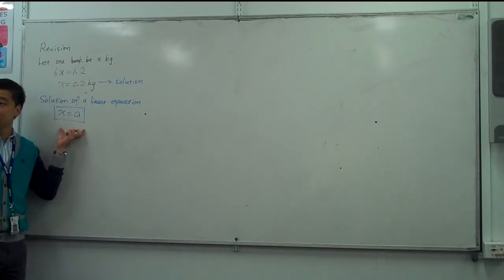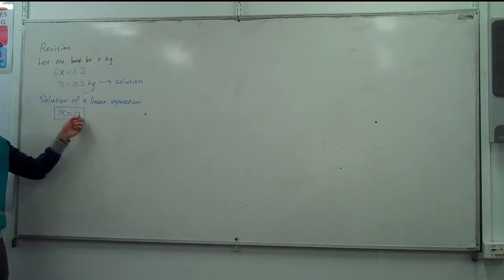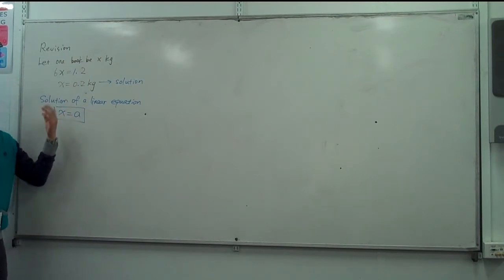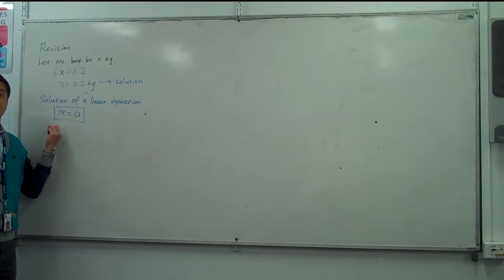So this is called the solution. a can be anything: 1, 2, 100, negative 2, 1 over 2, square root 3, or some other value. But anyway, we want to know the value of x. That is the purpose.